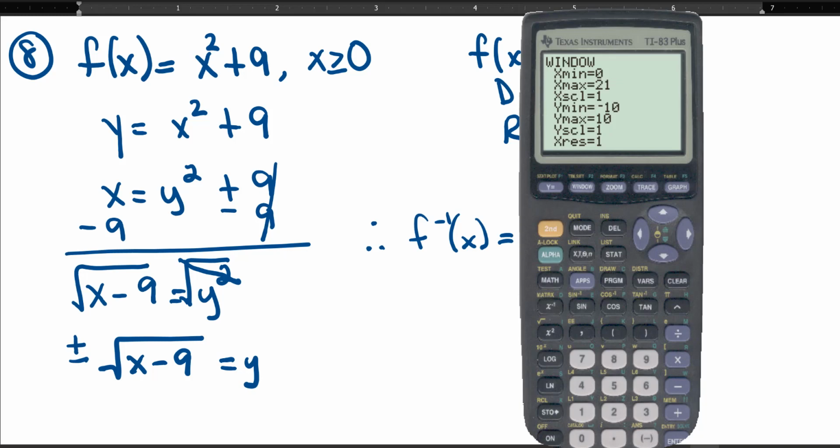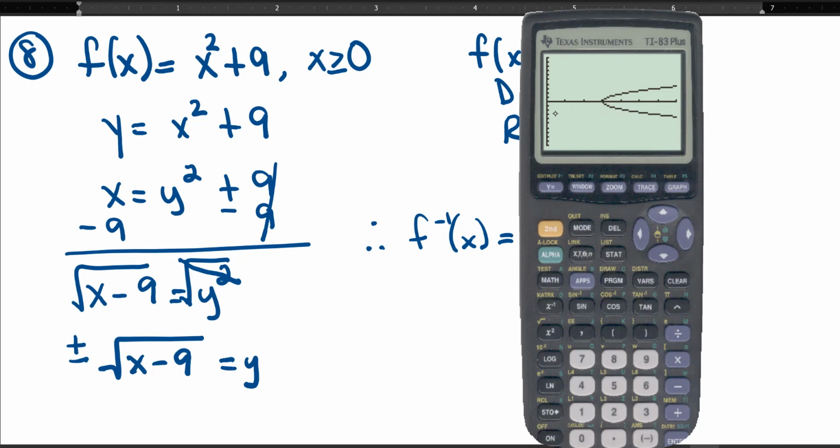And then for the x-scale, just like we did for the last table setting, let's make the x-scale 3, multiples of 3, increments of 3. And so press graph. Now you can see this is a great view of what this graph looks like.